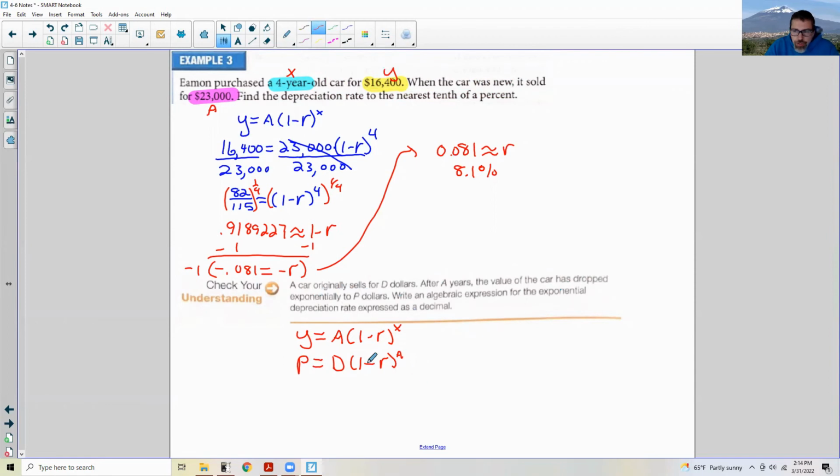All right, so if I want to solve this and get everything all on one side, I'm going to divide both sides by D. And that's going to give me P over D equals 1 minus R to the A. Okay, and then to get rid of that A, I'm going to take it to the power of 1 over A and do the same over here.